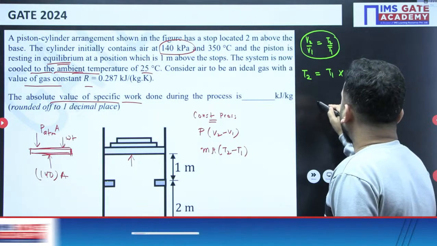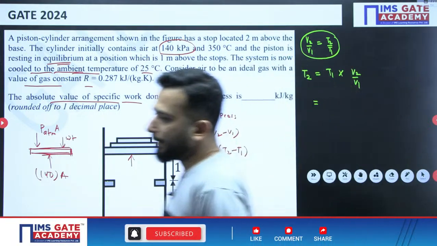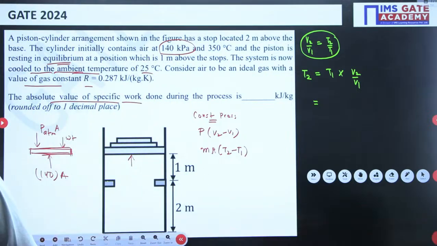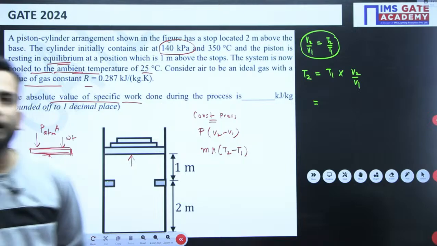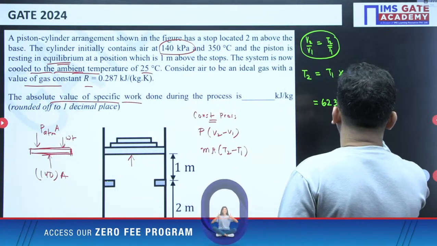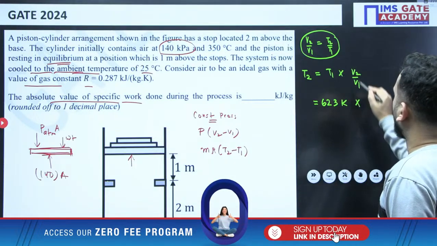So what is the T1 value? That is the original T1. Original T1 is 350 degrees centigrade, and if you just check, 623 Kelvin, so that is 623 Kelvin is your temperature in Kelvin.